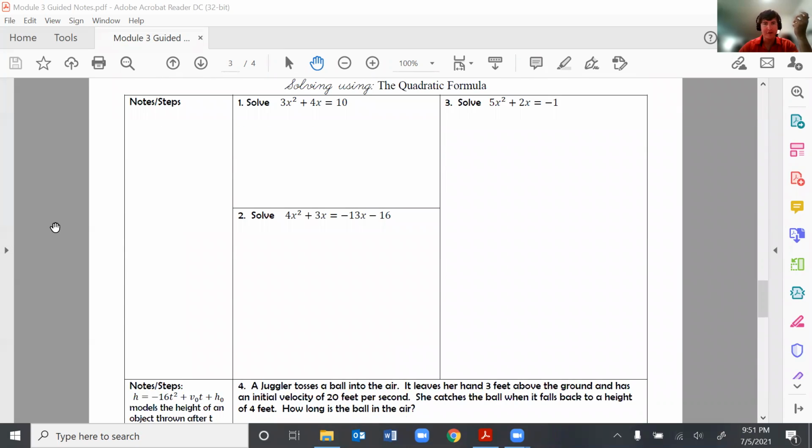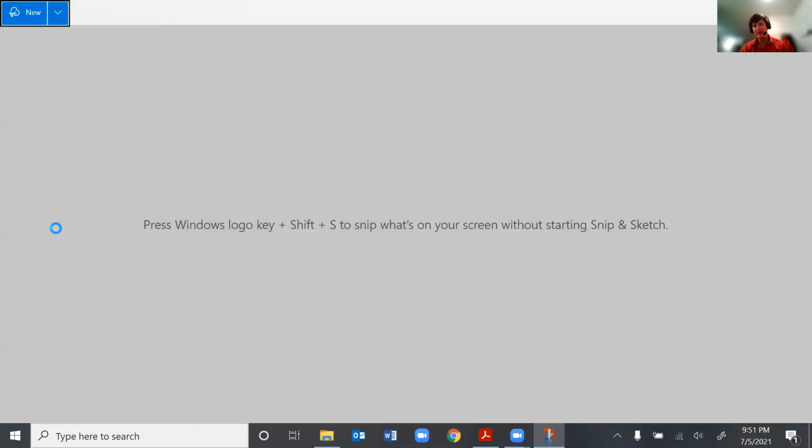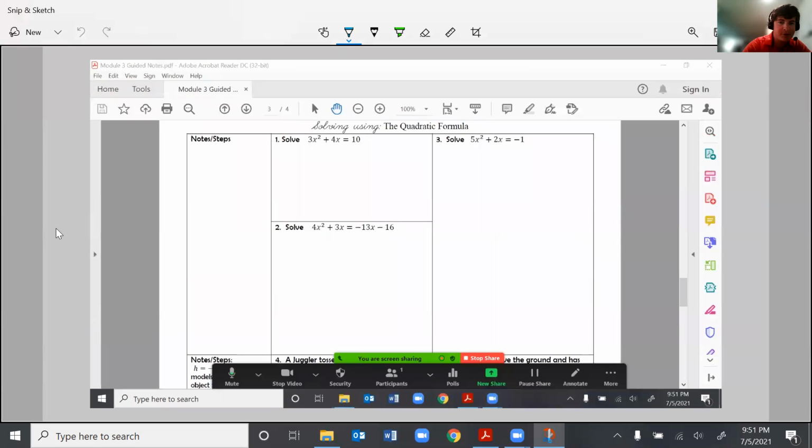So for the quadratic formula, I'm just going to do one for you, and then I'll have you pause the video and do the next two. The steps real quick: make sure the equation is equal to 0. So the first one, we'll subtract 10 on both sides. Boom, rewrite: 3x squared plus 4x minus 10 equals 0.